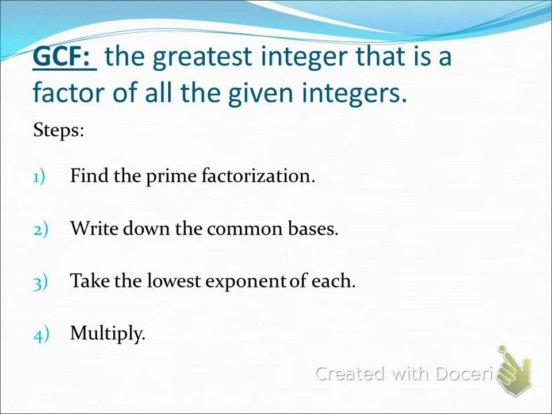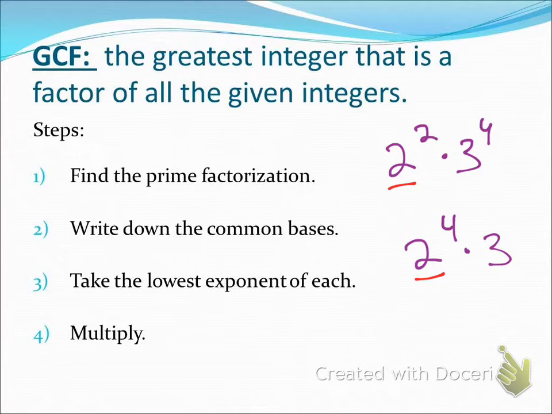So let's say you had 2 squared times 3 to the 4th and 2 to the 4th times 3 to the 1st. You find the bases that they have in common. See how they both have a 2? You go with the smallest exponent of the 2, so you'd have 2 squared.